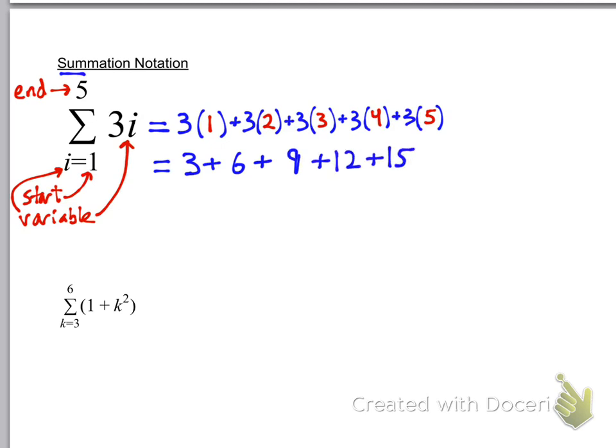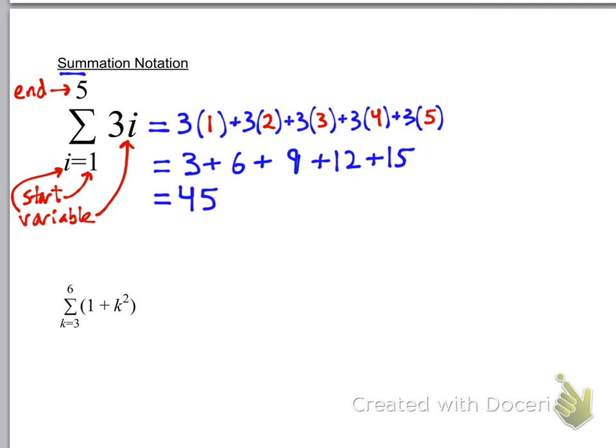I'm just putting a plus between each of these, and I'm just rewriting 3i over and over, except I'm replacing i with 1, 2, 3, 4, and 5. That 3 times 1, 3 times 2, 3 times 3, 3 times 4, and 3 times 5 becomes this right here. And when you add all those up, I believe you get 45. That is how you use summation notation to calculate a series.